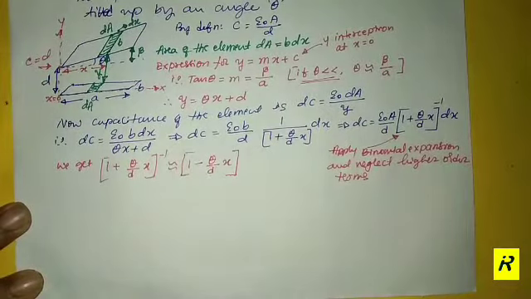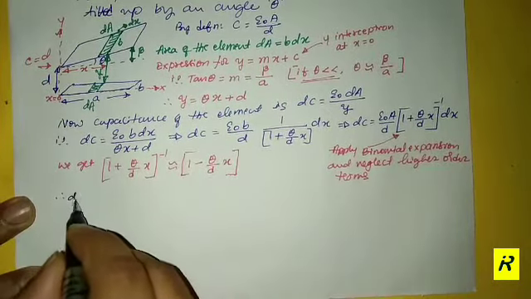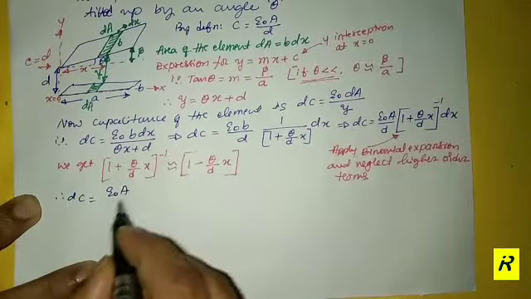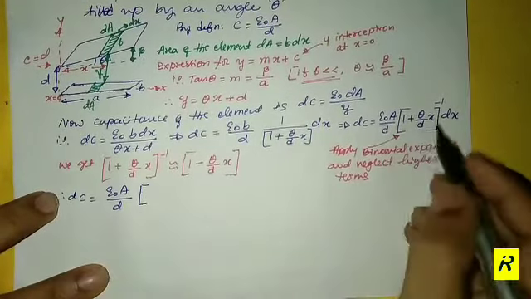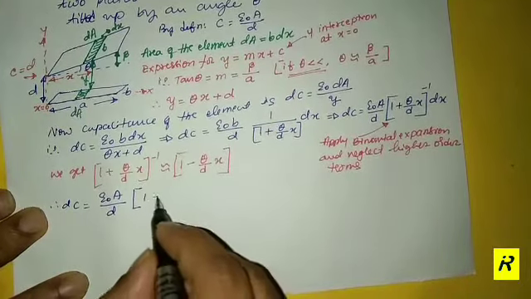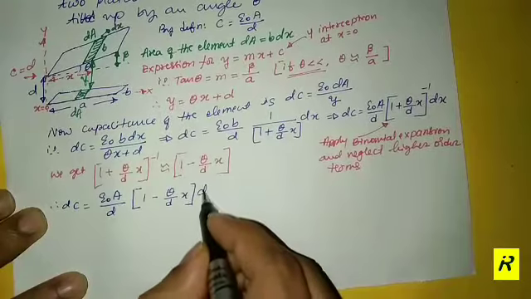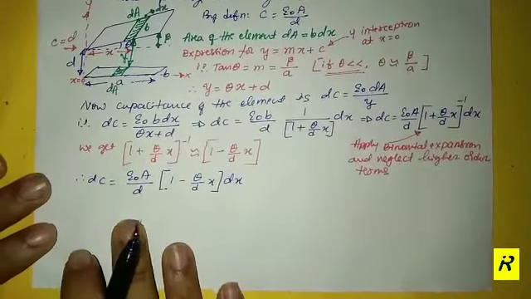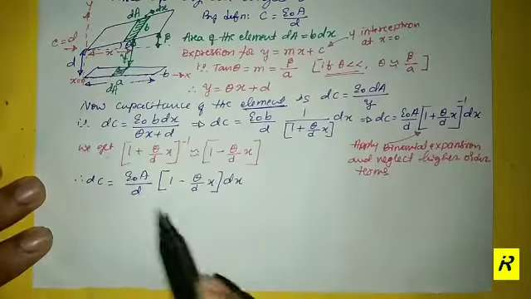So then simply write this one in this place. Therefore the elemental capacitance is epsilon O into A divided by d, and instead of this one, now I am writing 1 minus theta divided by d into x into dx. Okay, so this is the capacitance of the element, only for this element.